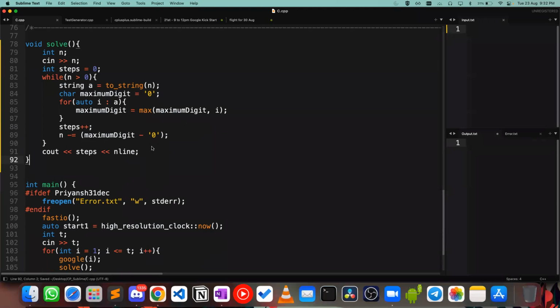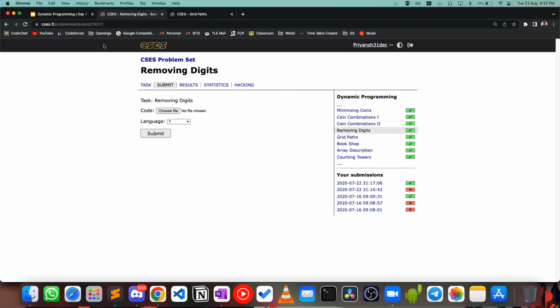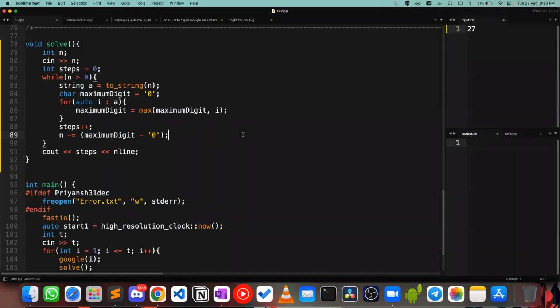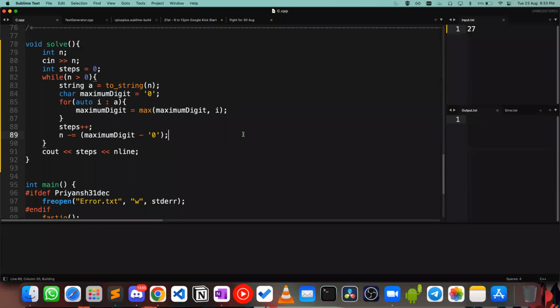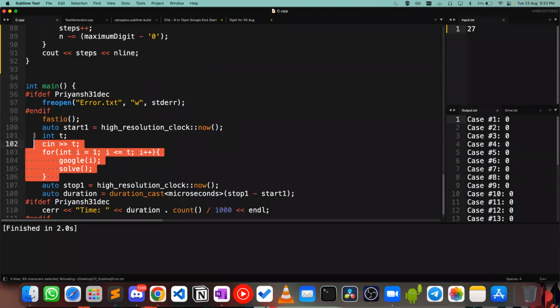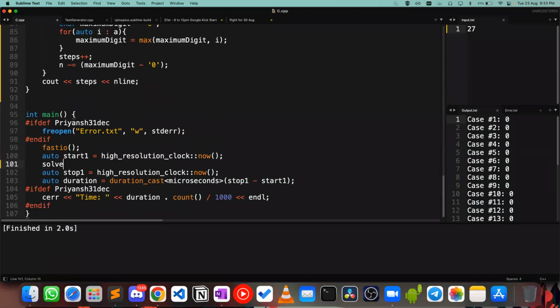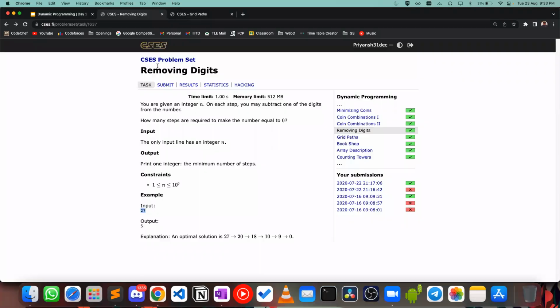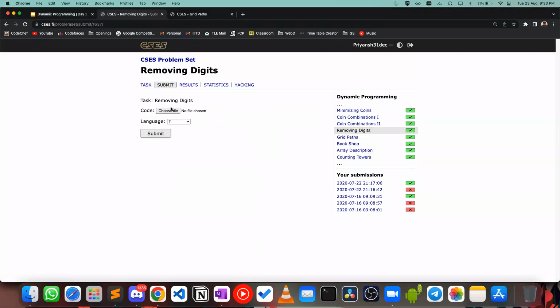We have it in c.cpp. Let's take the input first. Okay, we're getting 5 here. Let's submit it.